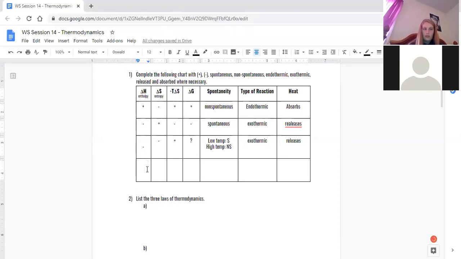So if we have this as positive, and this is positive, this is negative, and once more, we don't know what this is, what do you think the spontaneity is going to be?